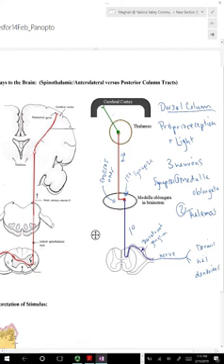And then our third order neuron goes from the thalamus to the somatosensory cortex. It's okay if you just call it sensory cortex of the cerebrum. And like we talked about yesterday, that it'll land on the sensory homunculus. That's a somatosensory cortex of the cerebrum.